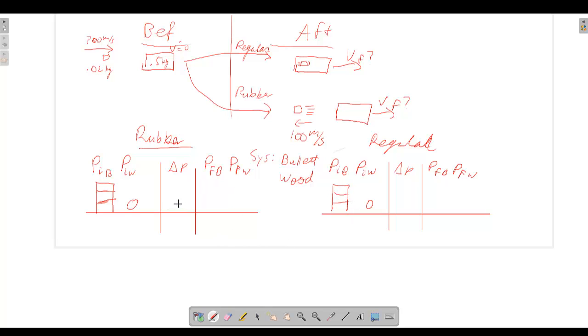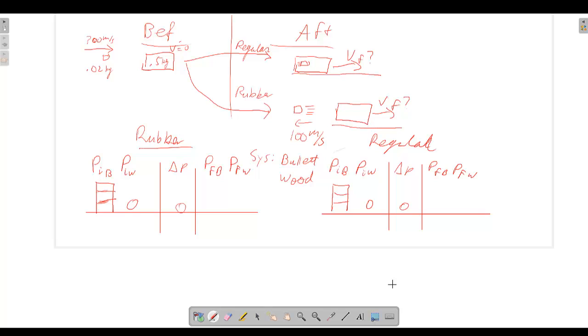So in both cases, because the bullet and the block are both in the system, we're ignoring the fact that there's friction between the wood and the ground, so we don't care how far it's traveled, although that would be a question for like an AP class. We do care about how fast it's moving right after they hit. So the bullet and the wood are both in the system, so there is no change in momentum. There's no forces outside the system that are interacting with either one.